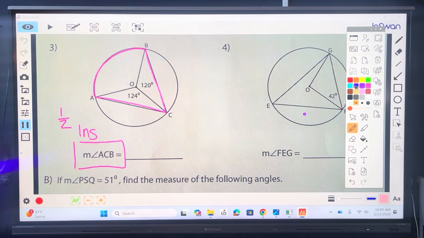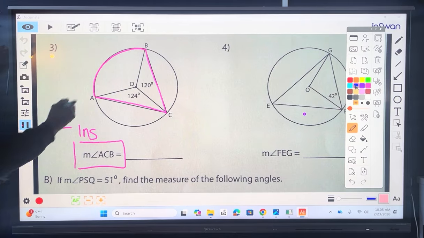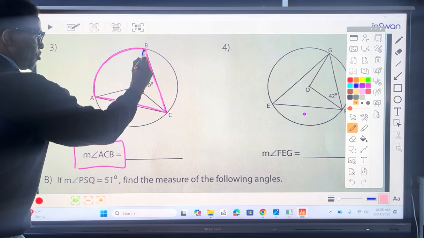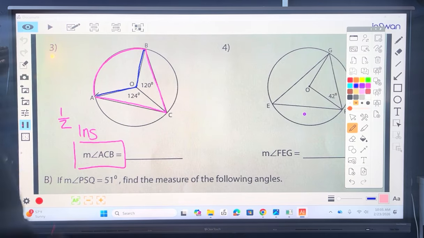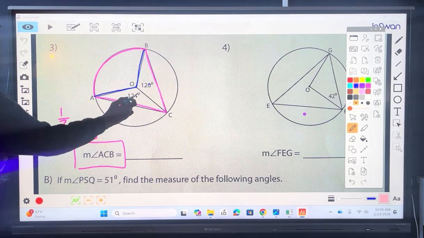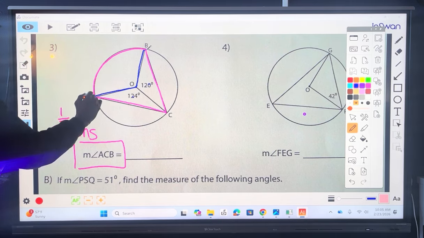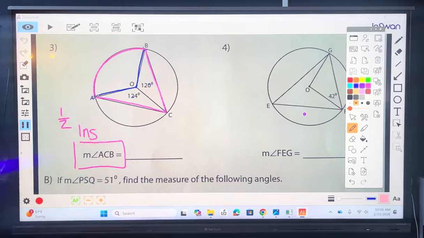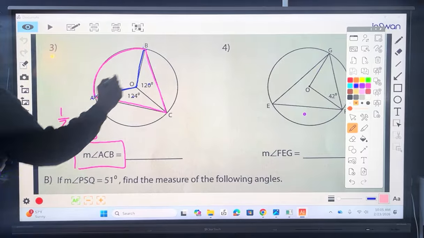It's got to be half the central angle of BOA. What do we think BOA is? Think about it. If this is 120 and that's 124, I'm gonna assume it is 224.